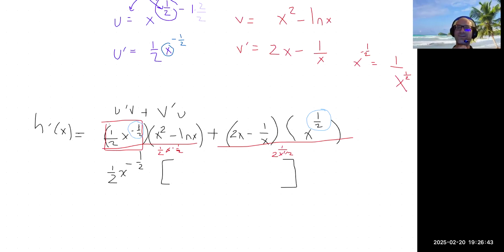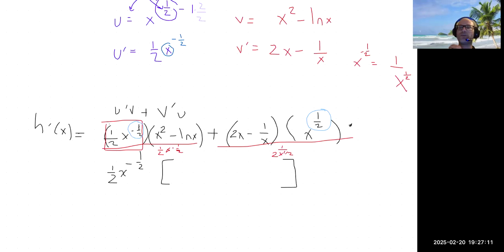Yeah, so when I'm dividing now by the 1/2 x to the 1/2, keep in mind that keep, change, flip thing. So when I multiply by this, I'm doing a keep, change, flip, and we're multiplying the second part by 1/2x to the 1/2.